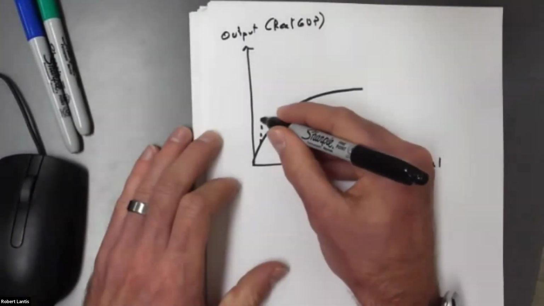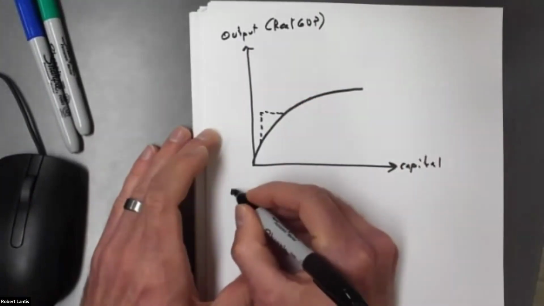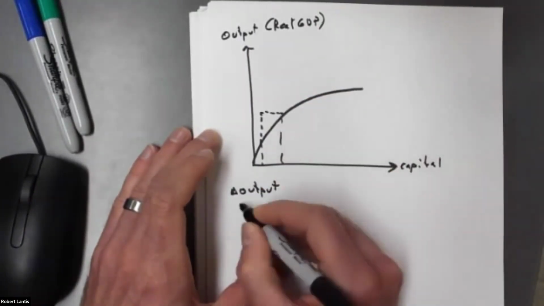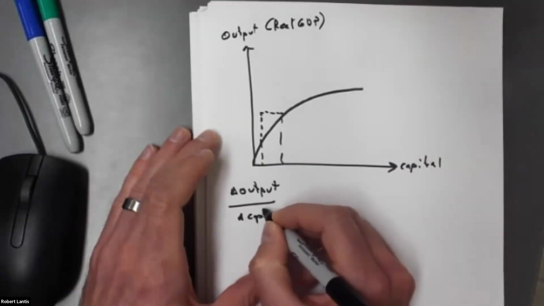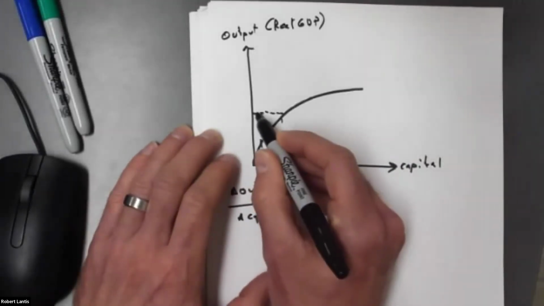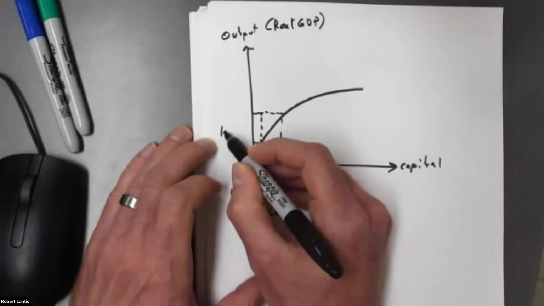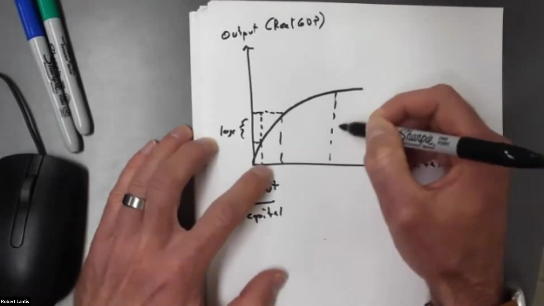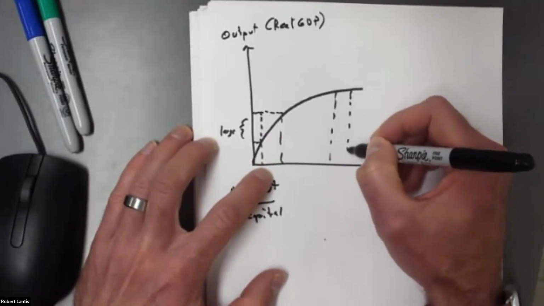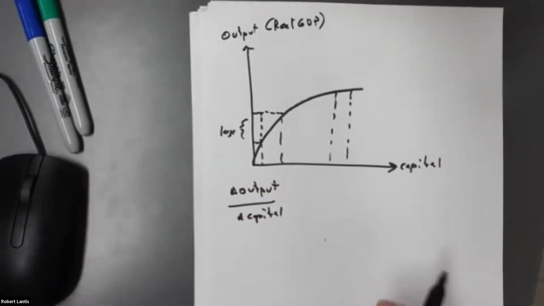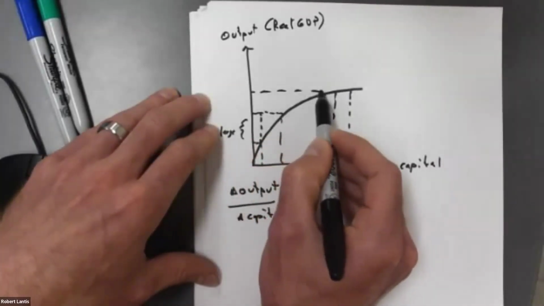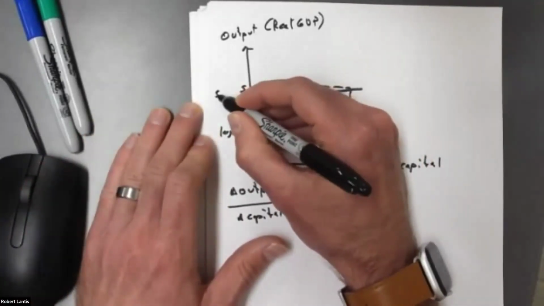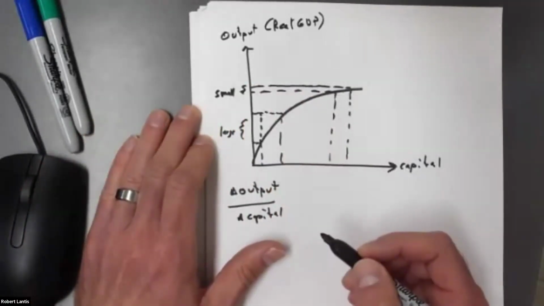So initially, that change in output from a specific change in capital is relatively large. But as I make the same amount of investment, so I'm going to try to keep the same increase over here, what's happening to my changes in output? Now it's going to be relatively small.